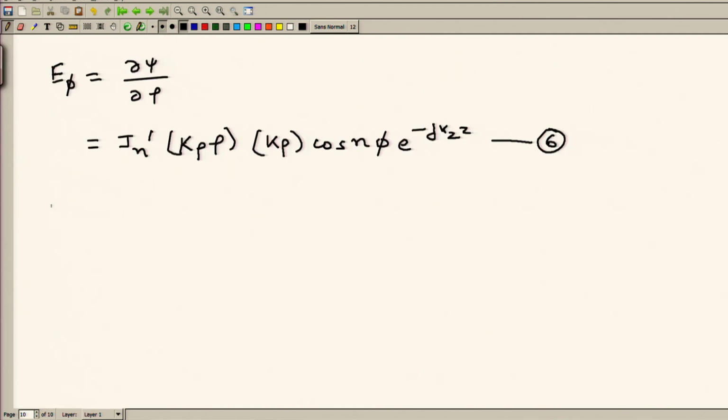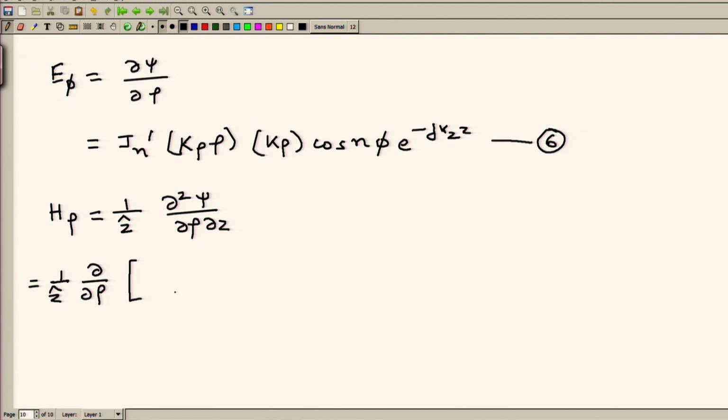Now, H rho. We found that H rho can be written as 1 upon z cap del square psi upon del rho del z. So, first we differentiate with respect to z, giving J n k rho cos of n phi e to the power minus j k z z times minus j k z.